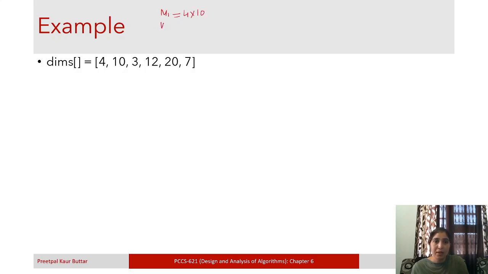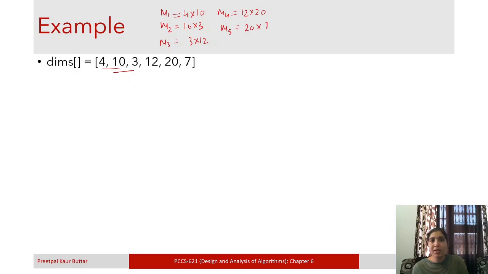The next is M2 whose dimensions are 10 into 3, and then we have M3 whose dimensions are 3 into 12, M4 whose dimensions are 12 into 20, and M5 whose dimensions are 20 into 7. So there are a total of 5 matrices.